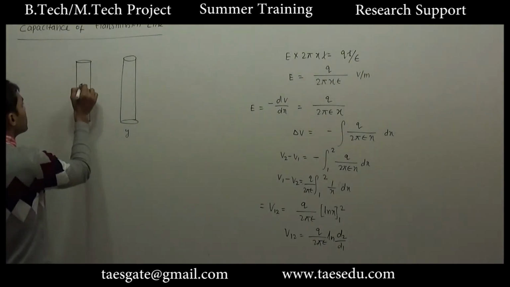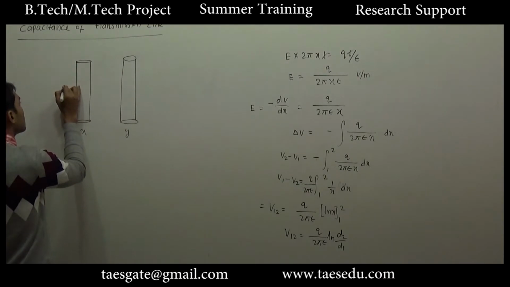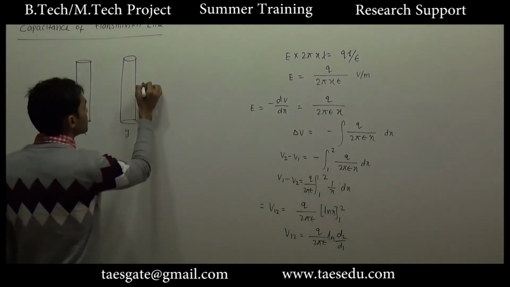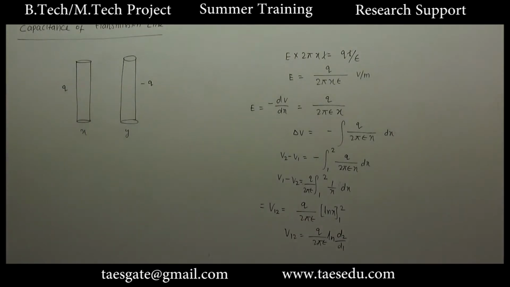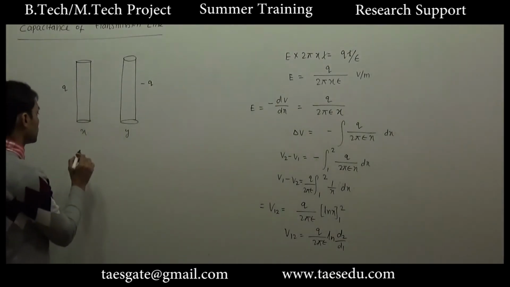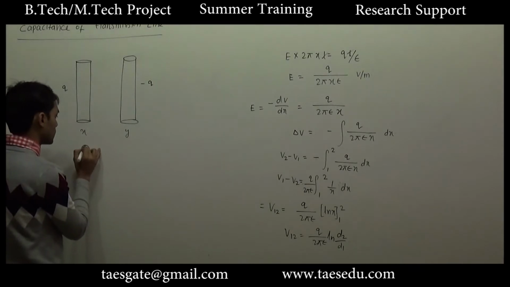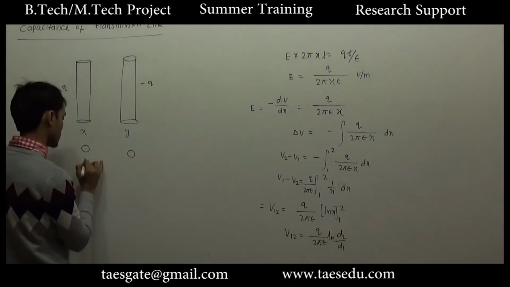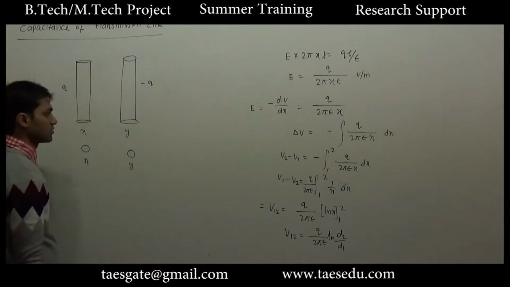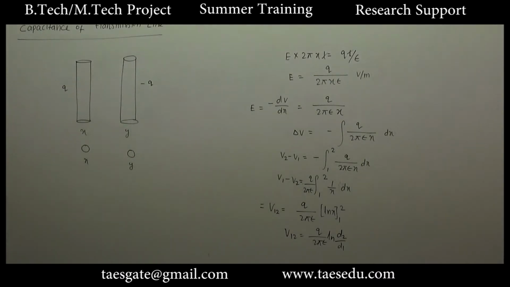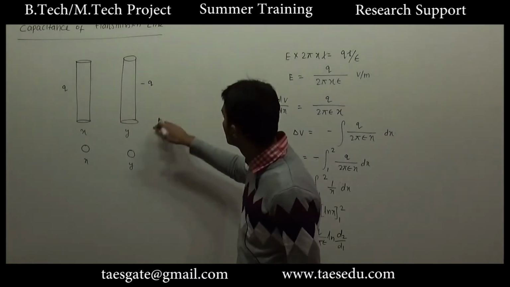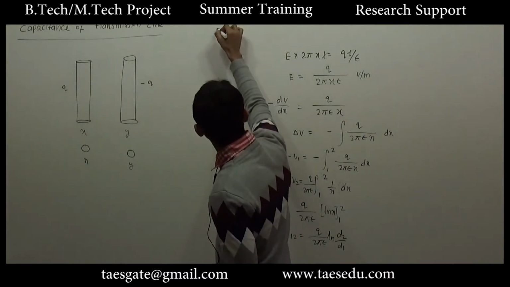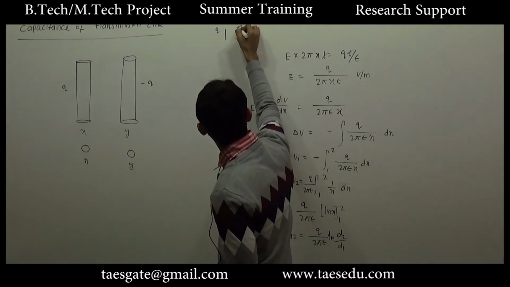So if this conductor carries a charge Q per unit length, obviously the other conductor will carry minus Q per unit length. Okay, let's say these are the two conductors X and Y. These two conductors will behave as two plates of a capacitor having charge q and minus q.